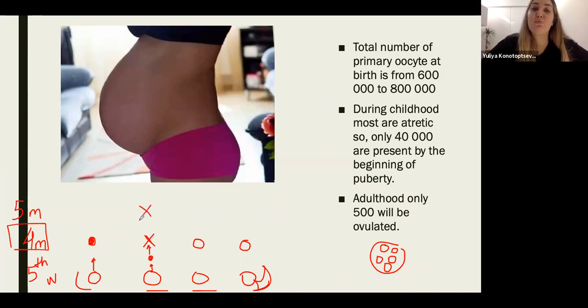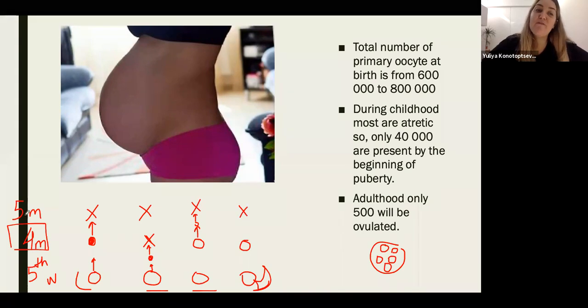You stay as the primary oocyte. If you were oogonia, you do 1 division, you become primary oocyte. But if you were PGC, you accelerate your division, and you become primary oocyte. You keep on accelerating the division to make sure that you're a primary oocyte.